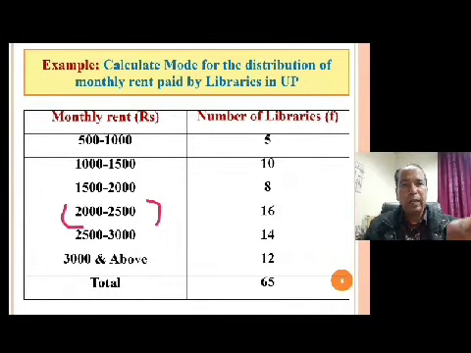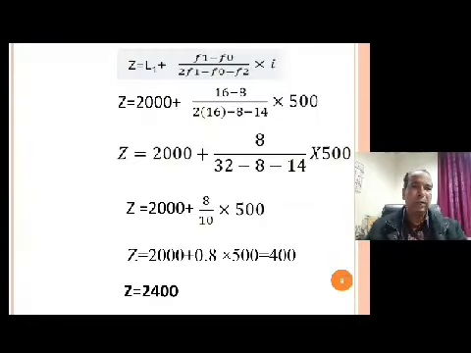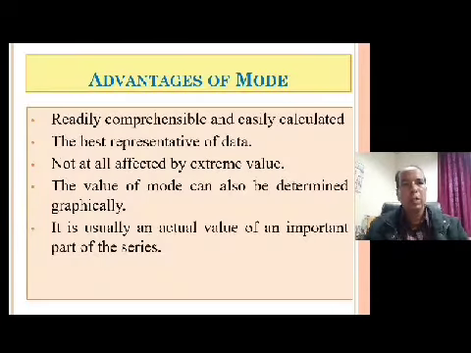Whereas your mode value is 2400, which means it falls into this modal class. So that's how you calculate the mode for a continuous data series.